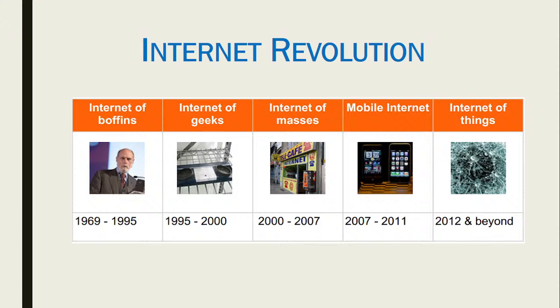Then at the beginning of the 90s, apart from these researchers, other academics were able to access it, because at that time the internet didn't have any practical use for anyone other than these people.